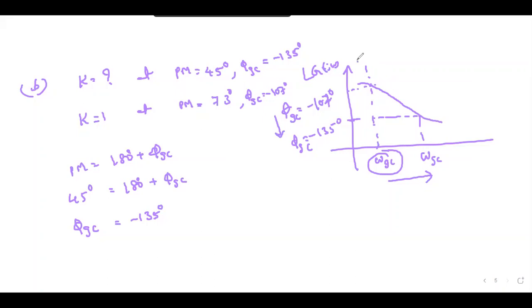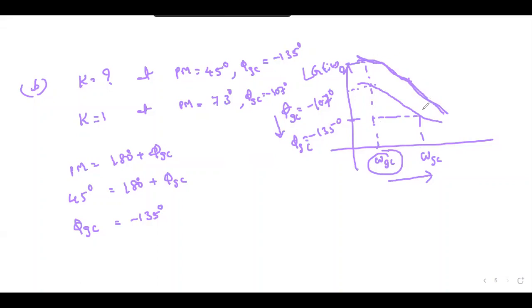But if it is so, what is the magnitude response? This is the magnitude response. If you want to shift this omega GC from here to here, note why we put omega GC at this point: because the magnitude is 0 dB here, correct?